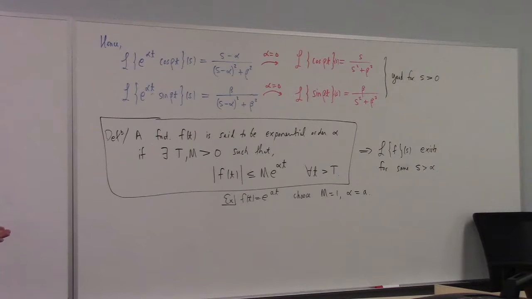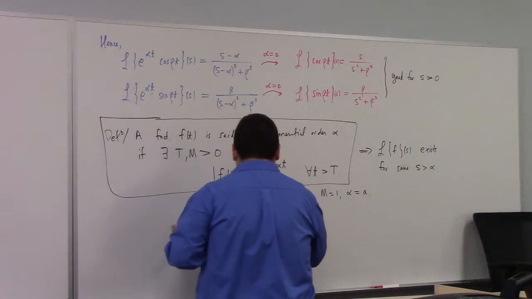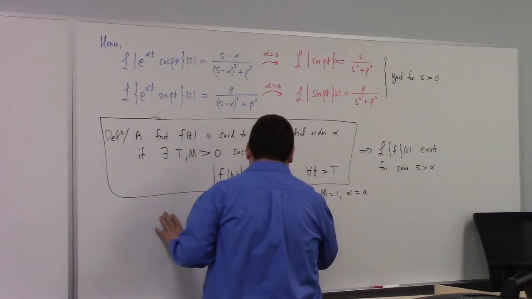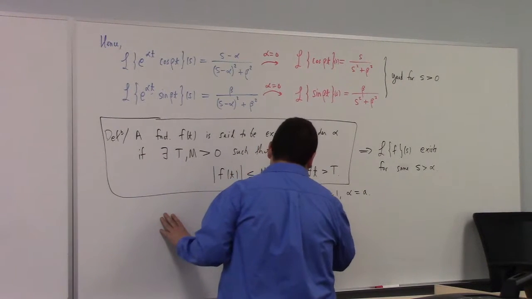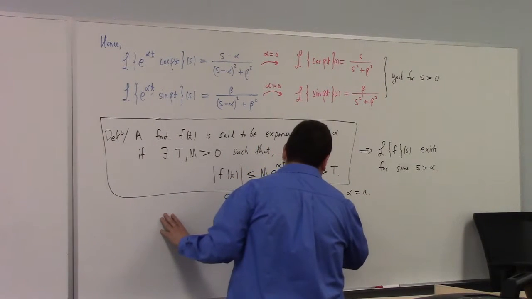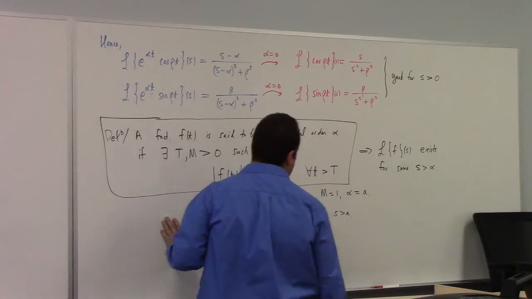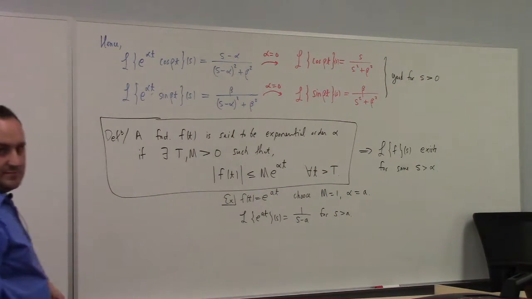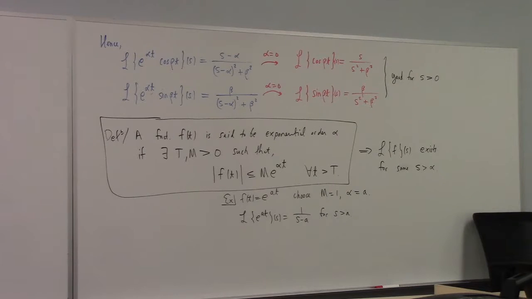It's pretty clear that that will satisfy the needed criteria. So an exponential has an exponential order alpha. And we proved that the Laplace transform of e to the at was 1 over s minus a for s greater than a, so that does seem to suggest that result is the correct one. Okay, so there's some of your basic ingredients.